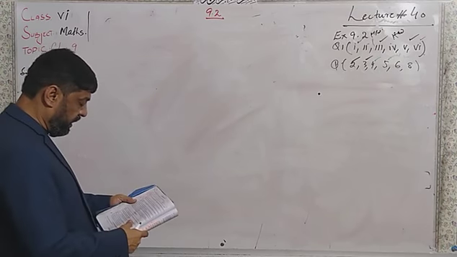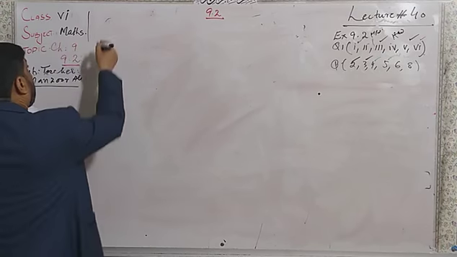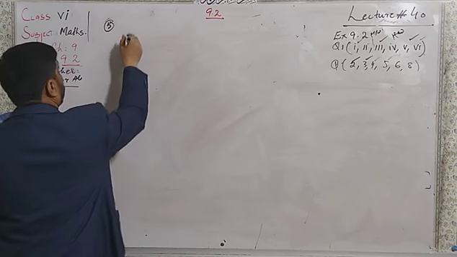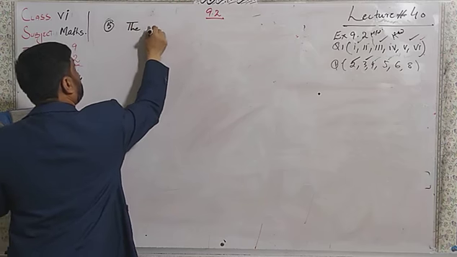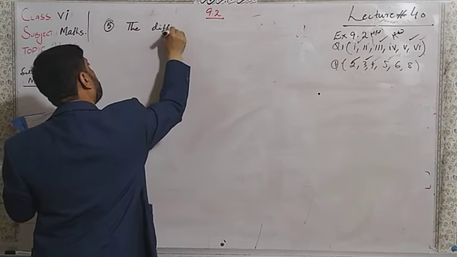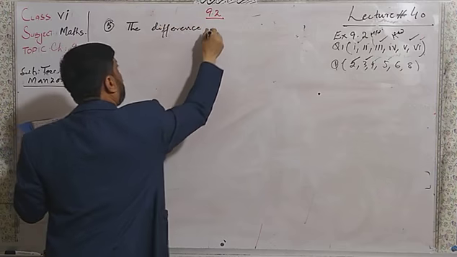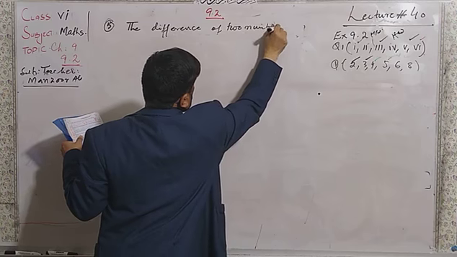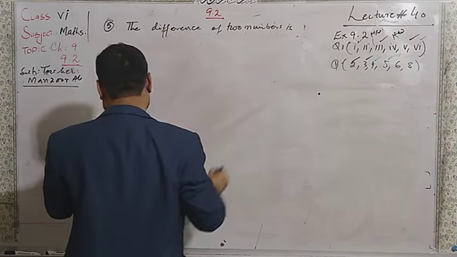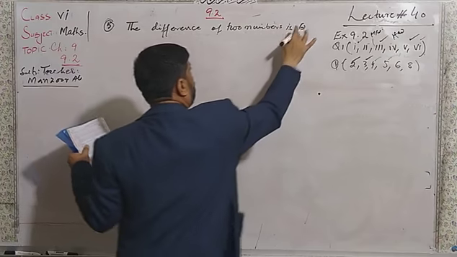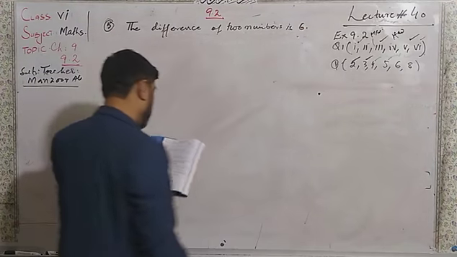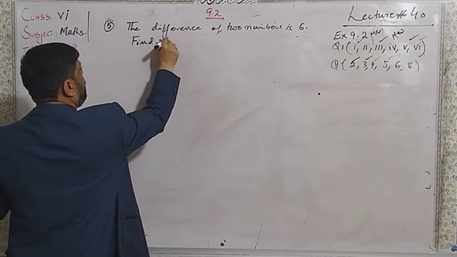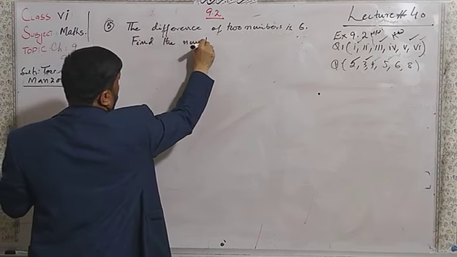Question number 5: the difference of two numbers is 6. Find the numbers when one number is 1/4 of the other.